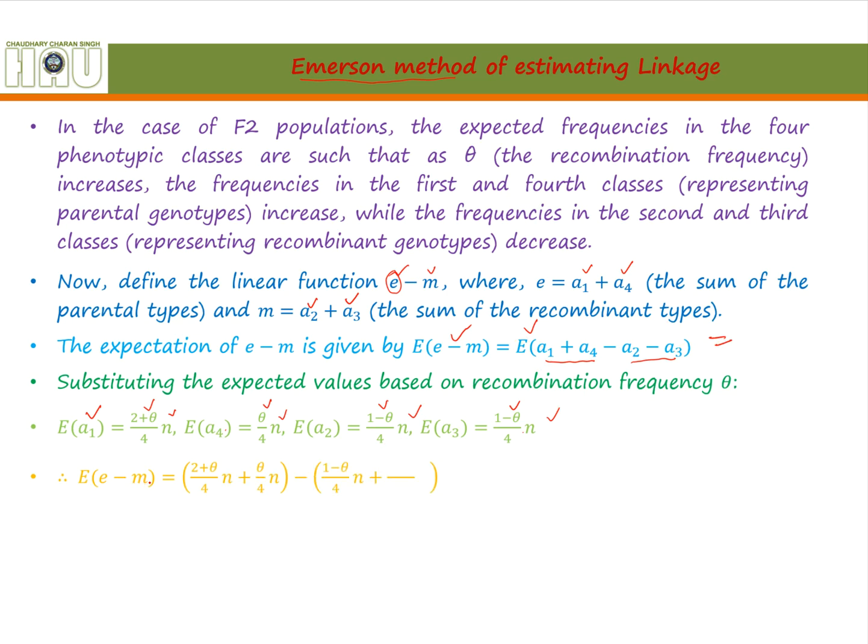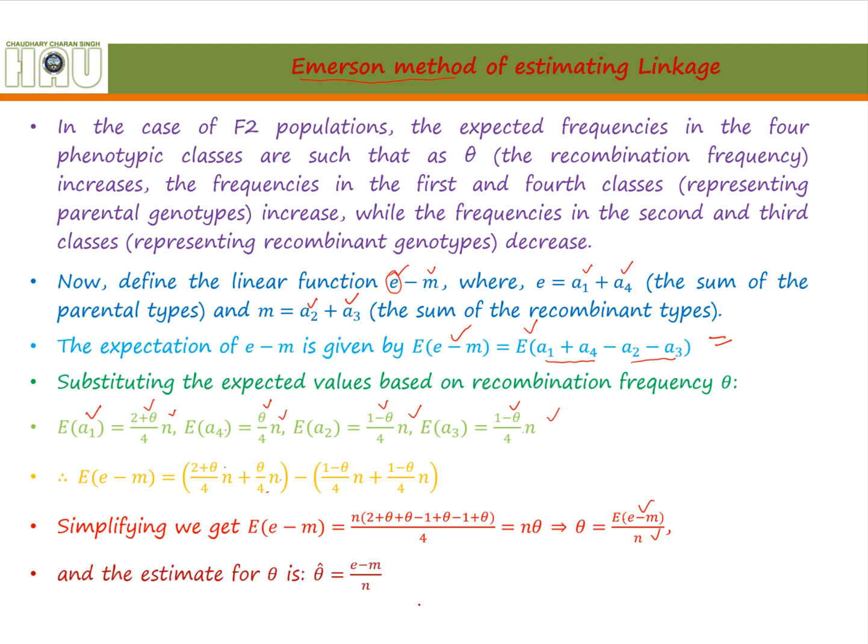Expected value of E minus M is 2 plus theta by 4 into n, plus theta by 4 into n, minus this. And if I simplify it, we will get this expression, which gives us theta as the expected value of E minus M upon n. And the estimate of theta is nothing but E minus M upon n.